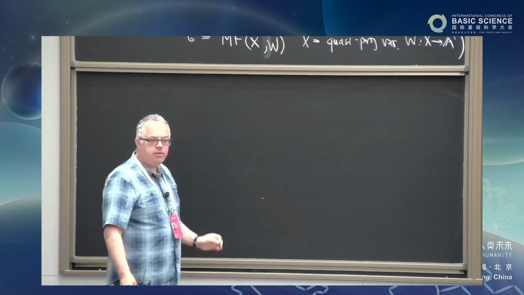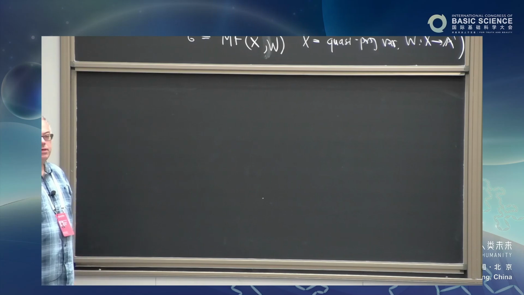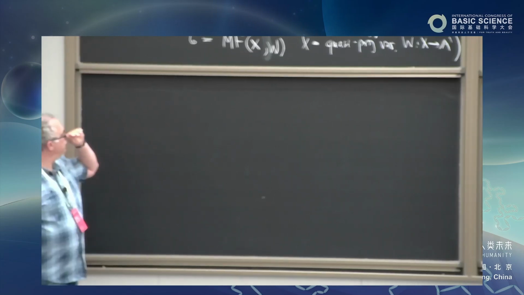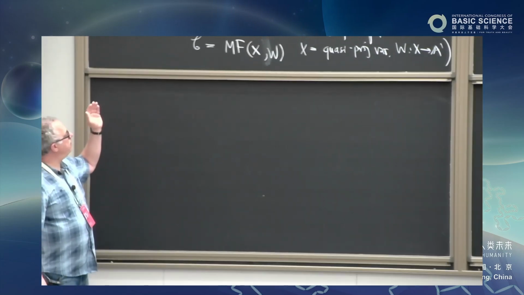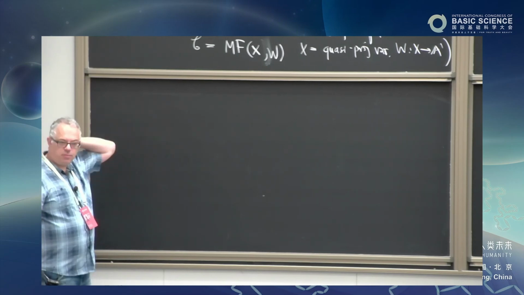So part of the strength of the theory that we're trying to develop comes from the fact that you should not particularly care where your Calabi-Yau category comes from.